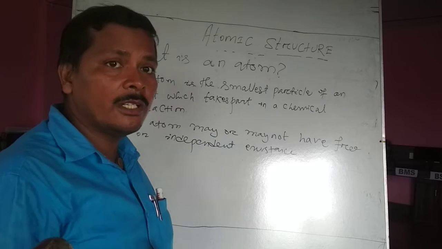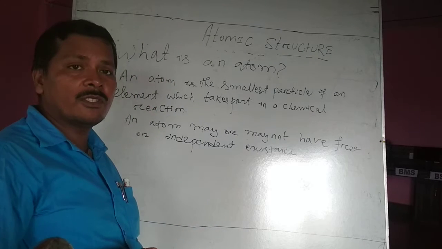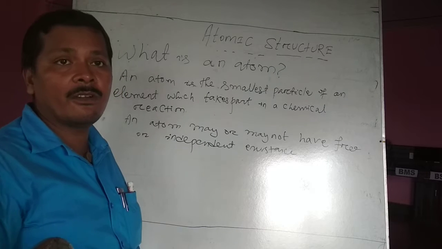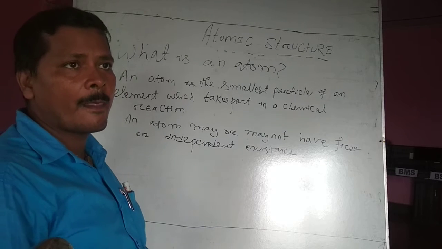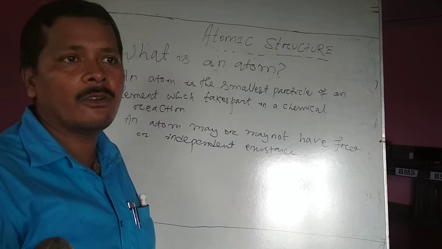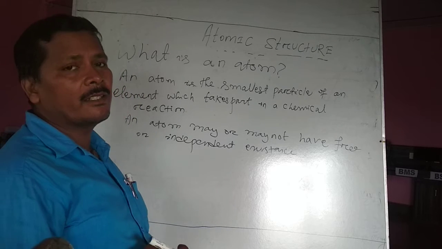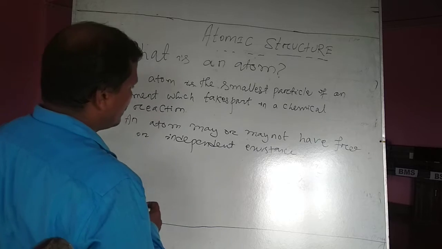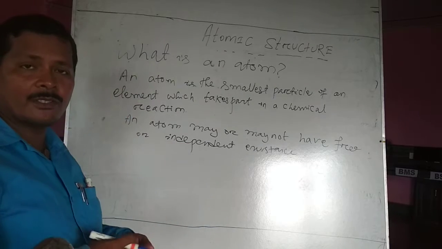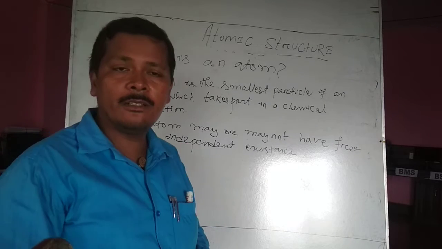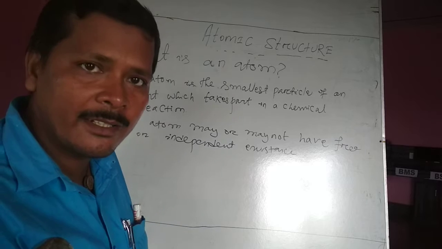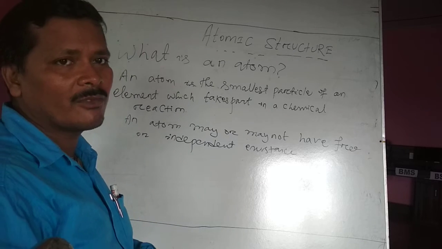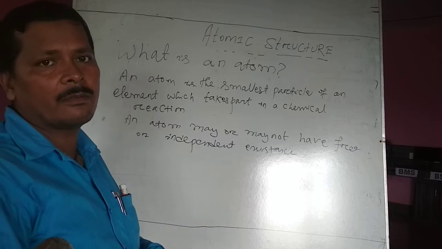So, what are those elements whose atoms exist freely? They are atoms of metals and atoms of noble gases, which exist freely. But there are some other elements like fluorine, chlorine, bromine, iodine, hydrogen, oxygen, nitrogen, whose atoms do not exist freely.